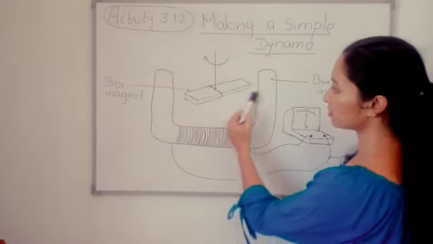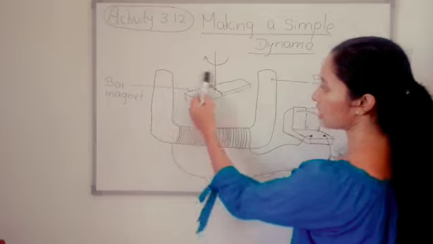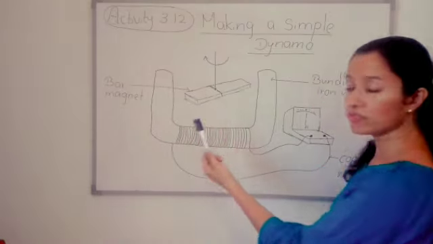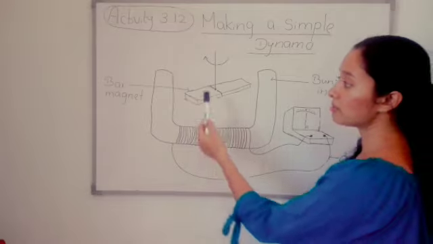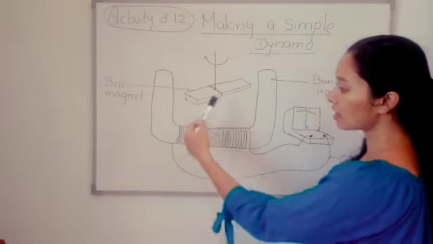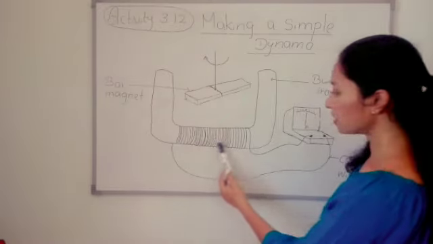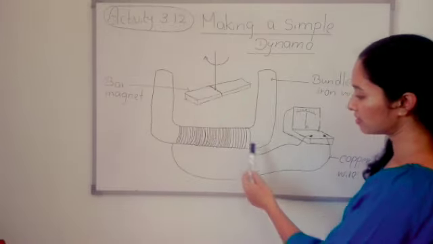So there's a magnetic field around the bar magnet. When we rotate the bar magnet, the magnetic field is cut with the copper wire, and electricity is generated in the copper wire.